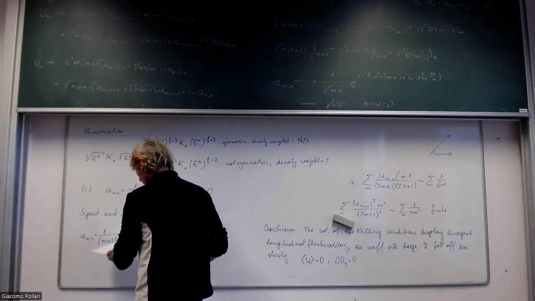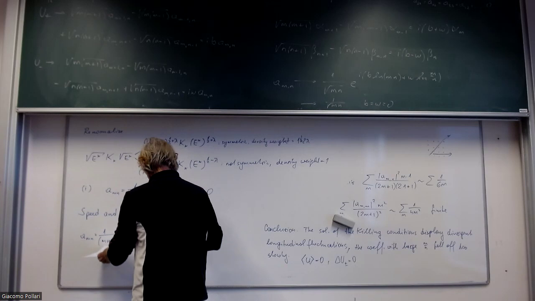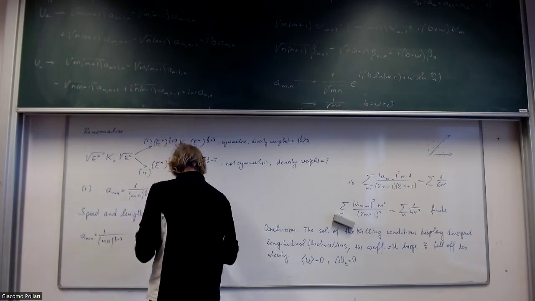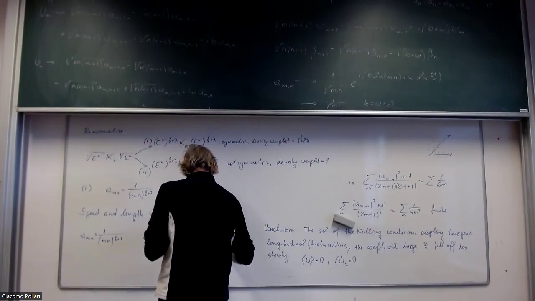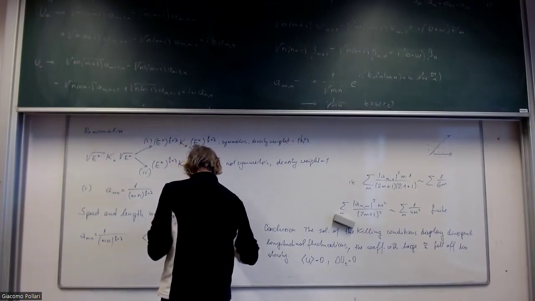And then this square just cancels here, and we have the 2n plus 1, 2n plus 1.